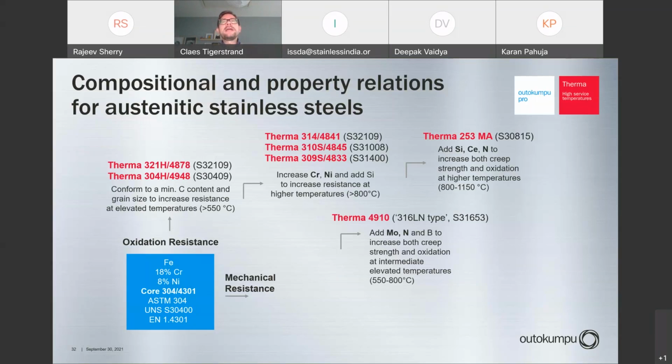So if you are at this intermediate high temperature from 550 up to 800, you will have the highest creep strength from this grade, but also good wet corrosion resistance properties. If you are using this material at different temperature ranges, the corrosion resistance in general is also very good here, but also good oxidation resistance and good creep strength at the intermediate temperature range.